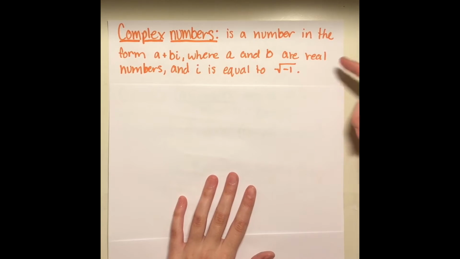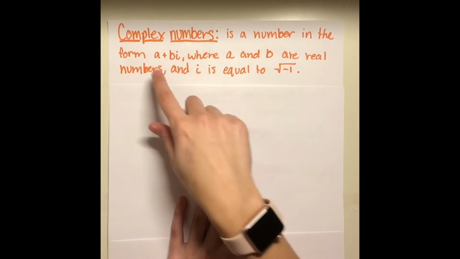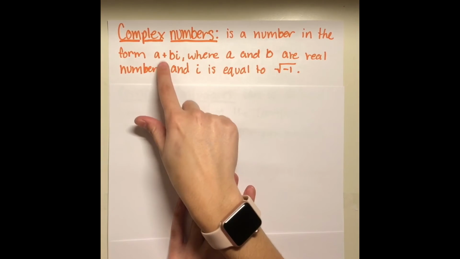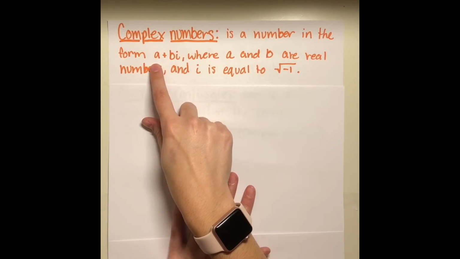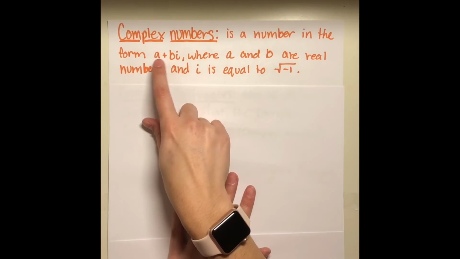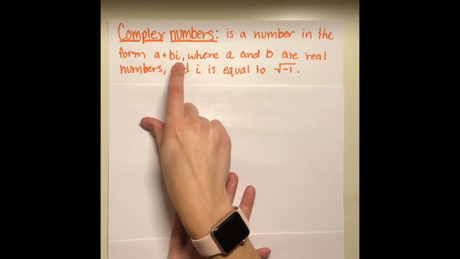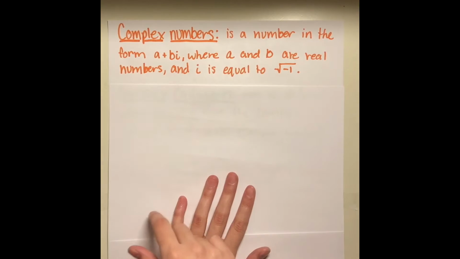What this is saying is that when we see an expression in the form a plus bi, where a and b are real numbers and i is the imaginary number, it's a complex number. Now moving on to complex conjugates.